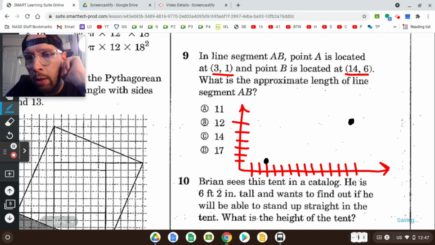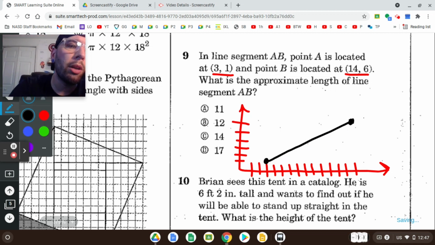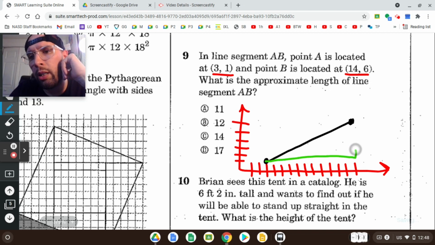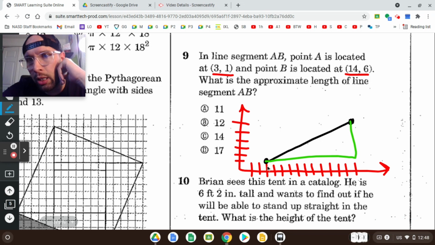I'm supposed to find the diagonal distance. What I'm going to do is turn this guy into a right triangle. How long is the right triangle? Well, it starts at 3 and goes all the way over to 14, which is going to be 11. 1, 2, 3, 4, 5, 6, 7, 8, 9, 10, 11.